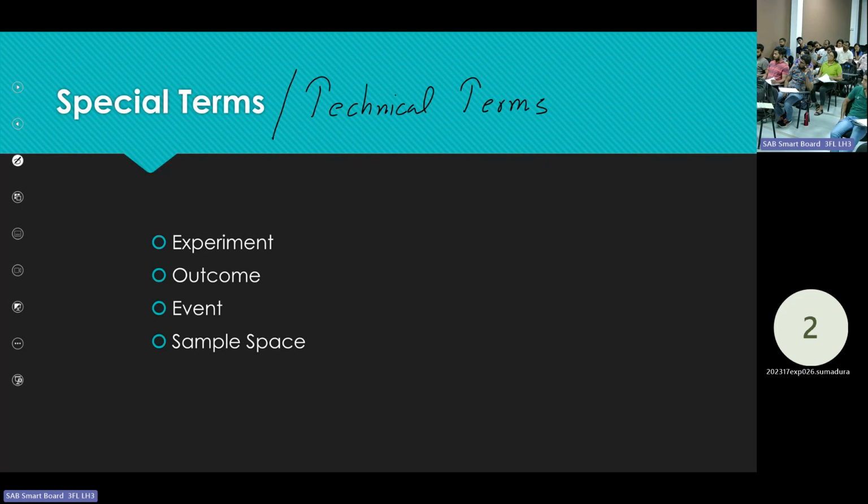We know one of those three we will get, but exactly what we get, we don't know. So a process for which the exact result is not known in advance is called an experiment.